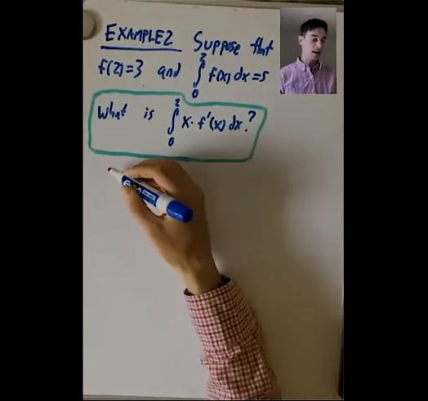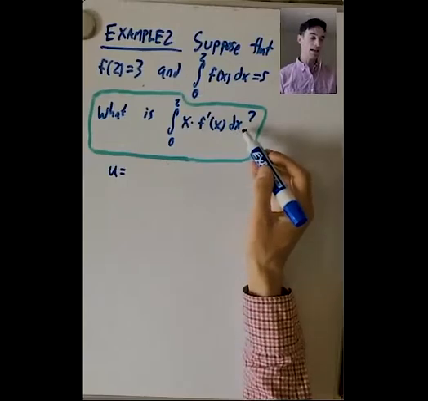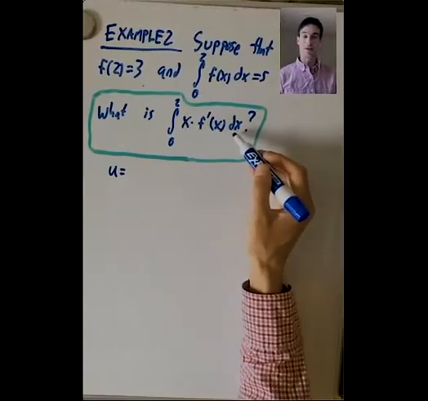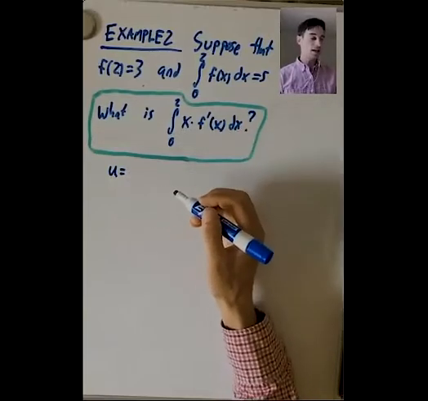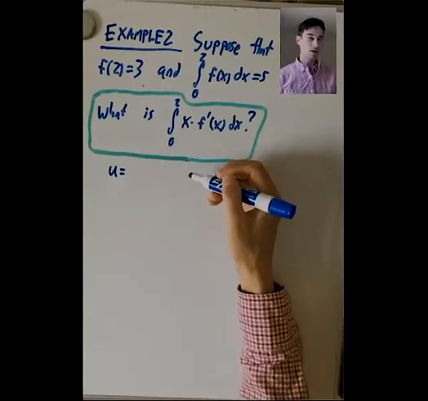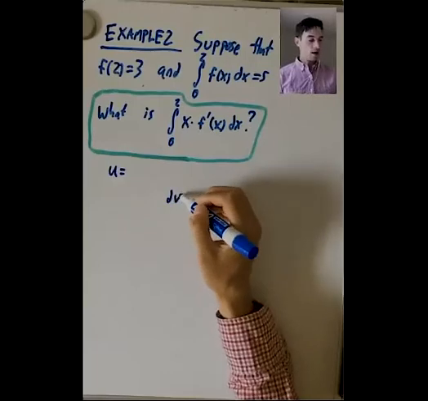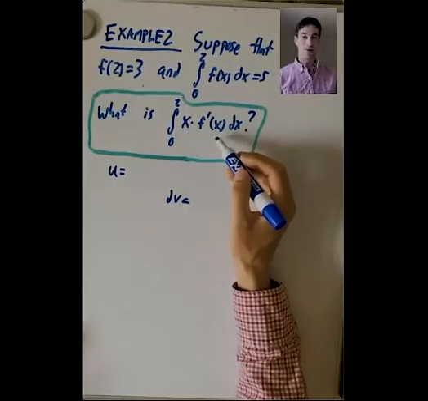So the idea is, OK, we want to set something in x f prime of x dx equal to u, and the rest to be equal to dv. We want the u piece to get simpler when you differentiate. And the dv piece, we want to not get much worse when we take an antiderivative. Well, we don't know anything really about the function f prime of x.